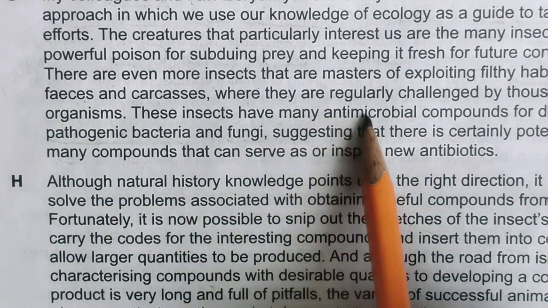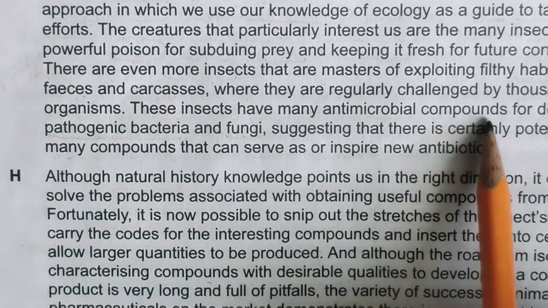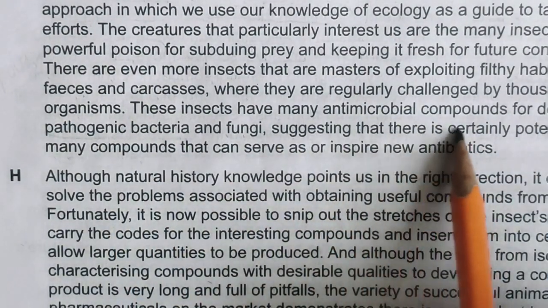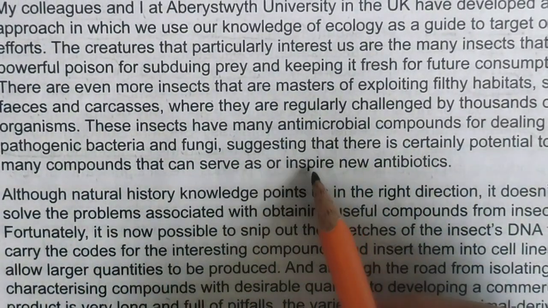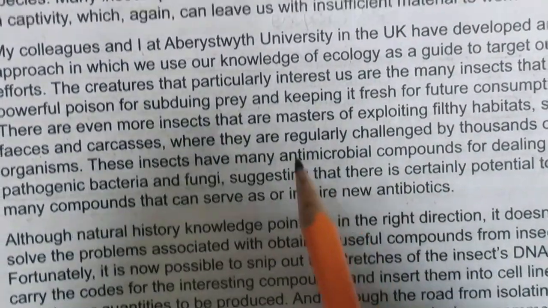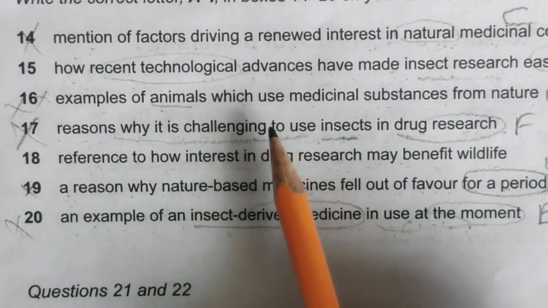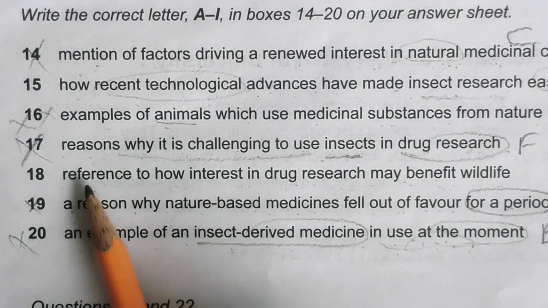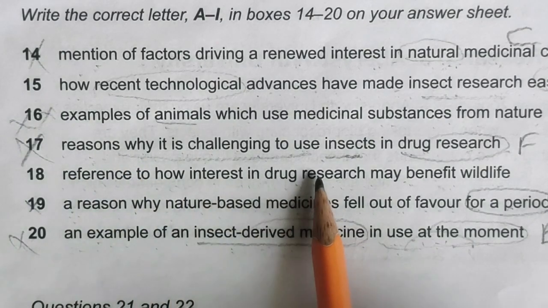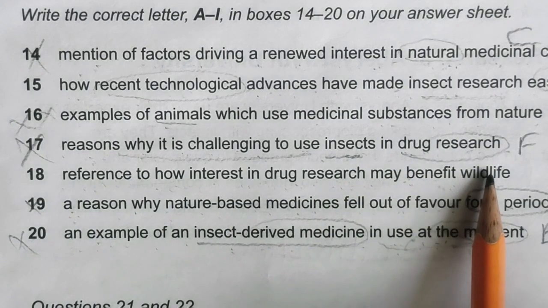These insects have many antimicrobial compounds for dealing with bacteria, and there is certainly potential to find many compounds that inspire new antibiotics. So they are talking about a personal point of view, with reference to how interest in drug research may benefit wildlife.